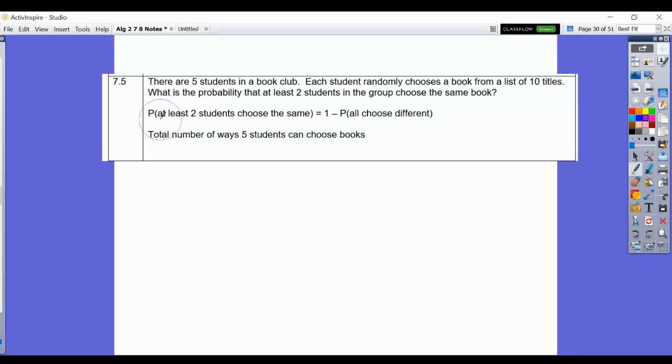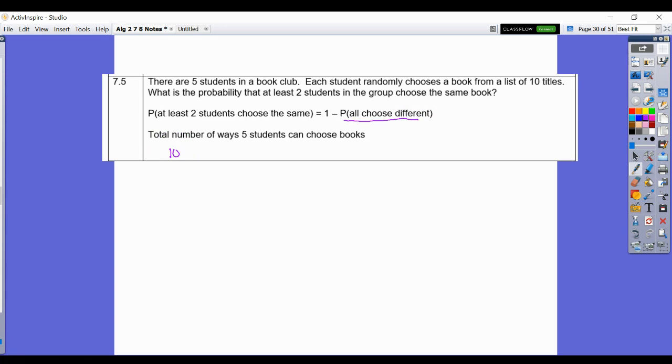If I want to find the probability that at least 2 students chose the same book, I could find the probability that everybody chose different books and just subtract that from 1, because these should be complementary probabilities. So they are the complement of each other, so we can just subtract it. This is much easier to find than all of the individual 2 people and 3 people having the same book. So let's start finding the probability that they all chose different books.